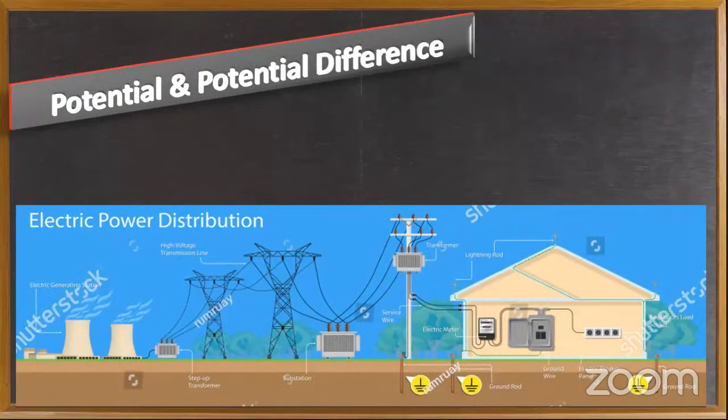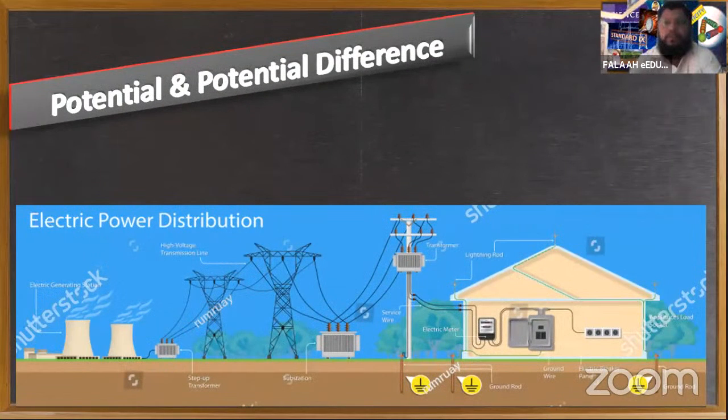So we are discussing potential and potential difference. Before that, we need to understand what exactly current is and how it flows. This is not in your curriculum, but you should understand how electric current is coming to our place.